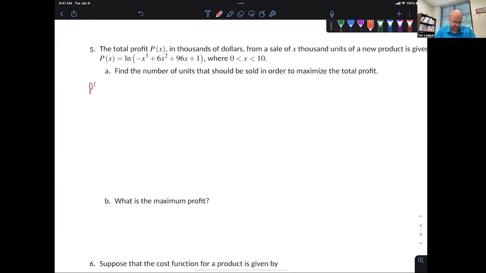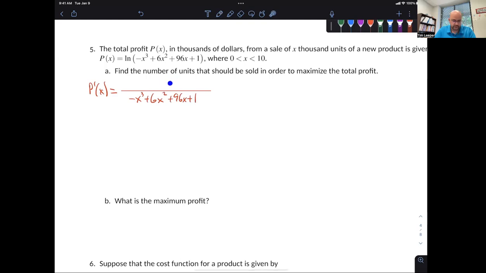So P prime of X here, well, because this is a natural logarithm, we need to find the derivative of the natural logarithm. To do that, we're going to have a quotient, not the quotient rule, just a quotient. The denominator is the argument itself, negative X cubed plus 6X squared plus 96X plus 1.